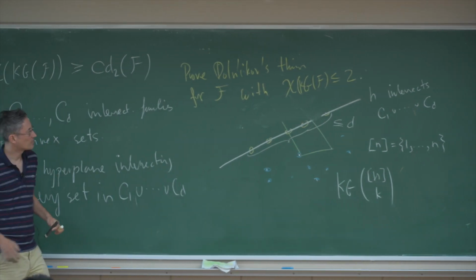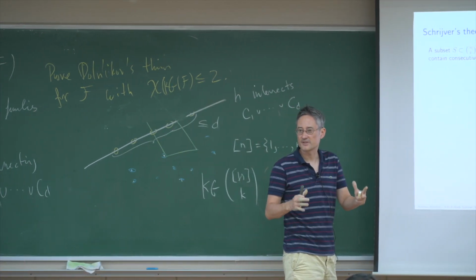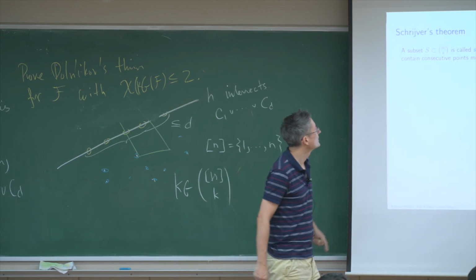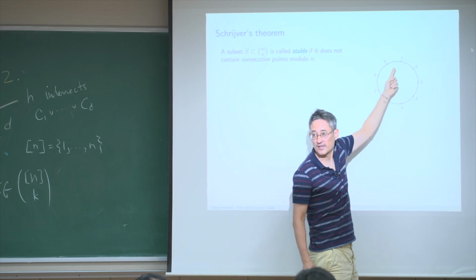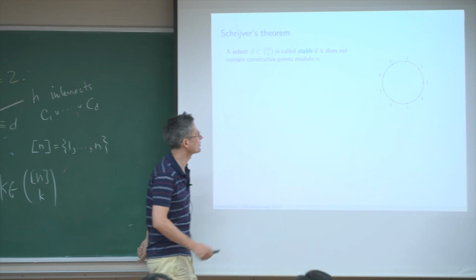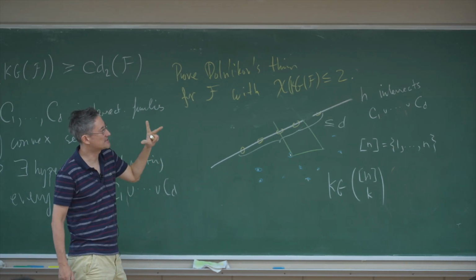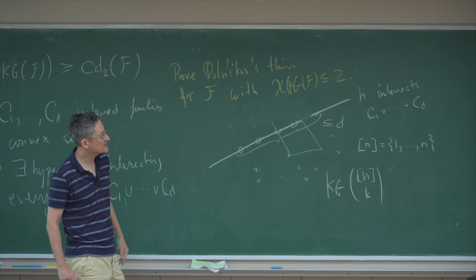Now, what Schrijver discovered is a subgraph of the Kneser graph which has the same chromatic number. You take the numbers 1 to n and put them on a circle like this, so just put a circular order on those vertices. We say that a subset is stable if it does not contain consecutive points. So this is a stable set.